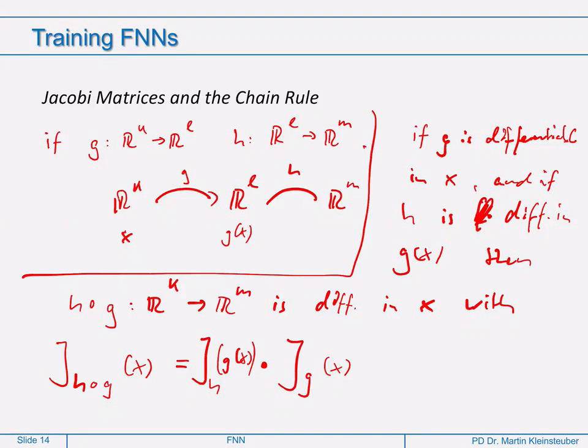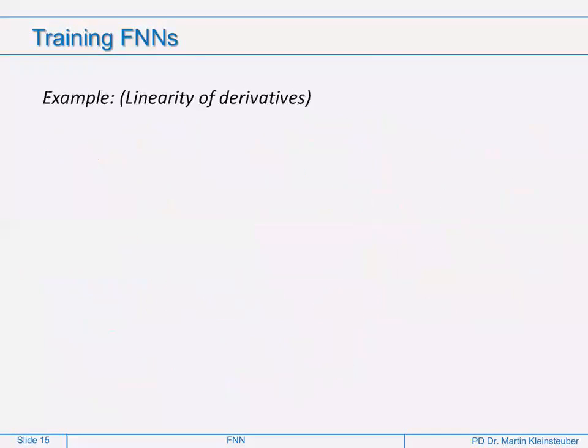Okay, so let's look at some examples that are important for us to understand how we train our neural network. One easy example is linearity of derivatives.